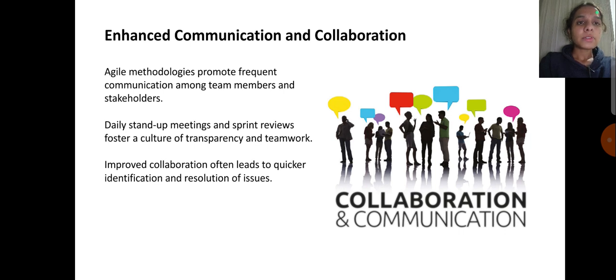Improved collaboration often leads to quicker identification and resolution of issues. And you can see the picture of collaboration and communication among the people. That is how to enhance communication and collaboration in agile practices.